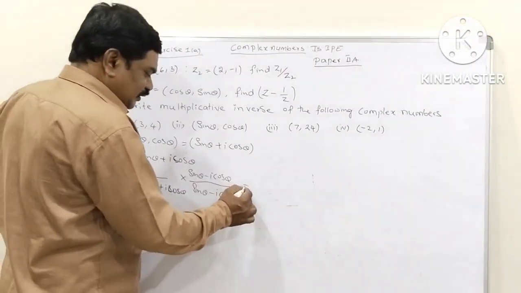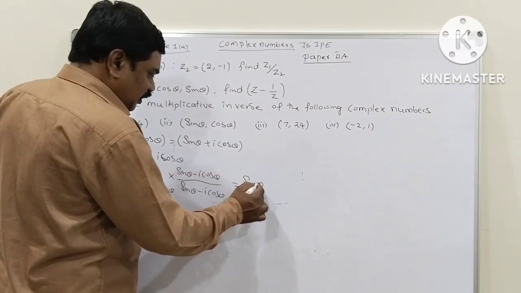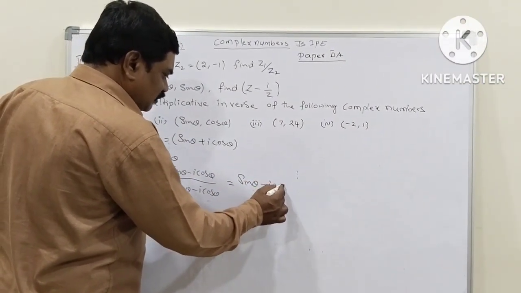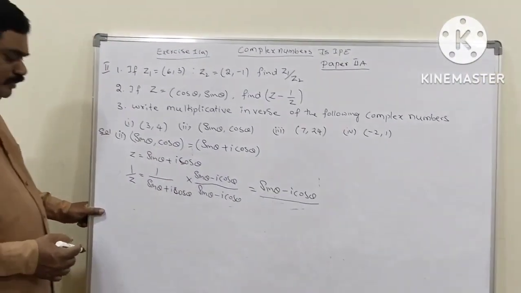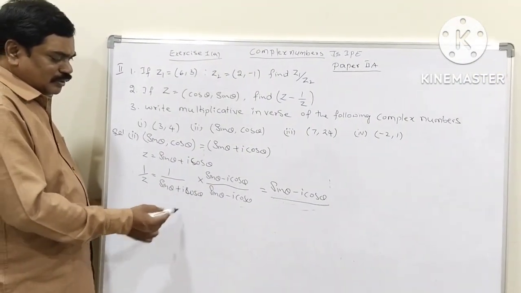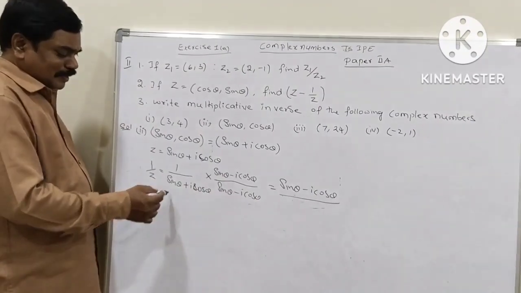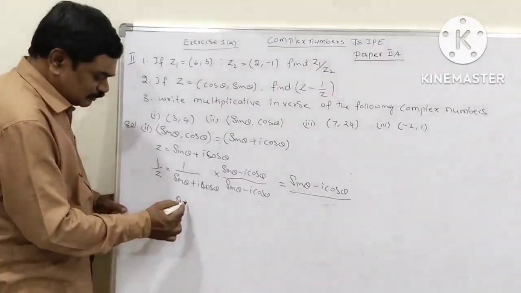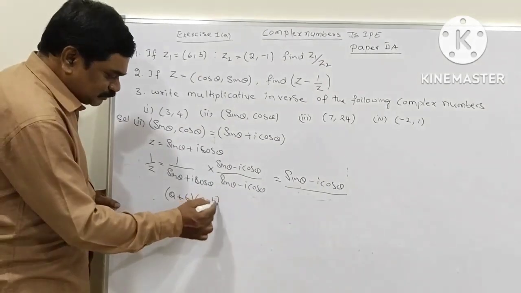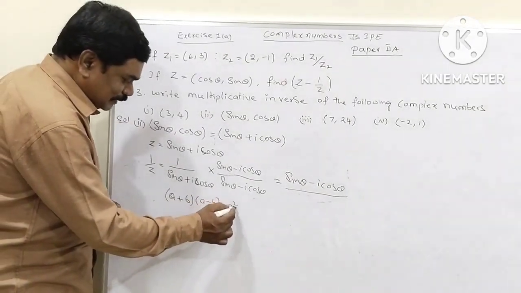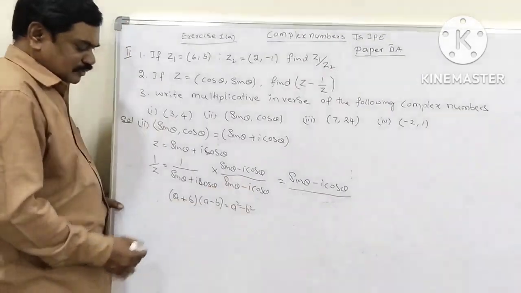Then you can write sin theta minus i cos theta by, this is in the form of (a plus b) into (a minus b), which is equal to a square minus b square.